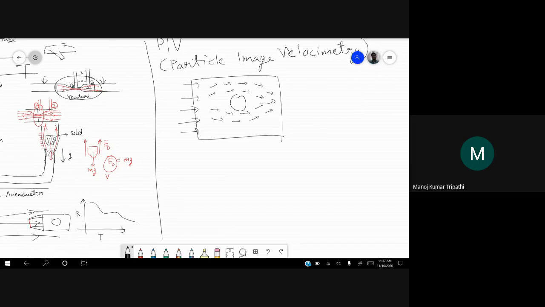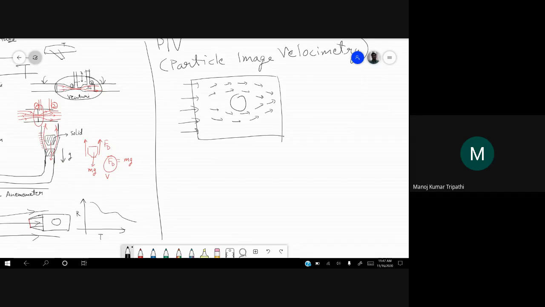So here you take pictures of particles, you release some particles in the flow and take pictures at 2 successive time steps. And then using some algorithm, you find out the velocity. Okay. Because now you know how the particle moved from one point to the other point.